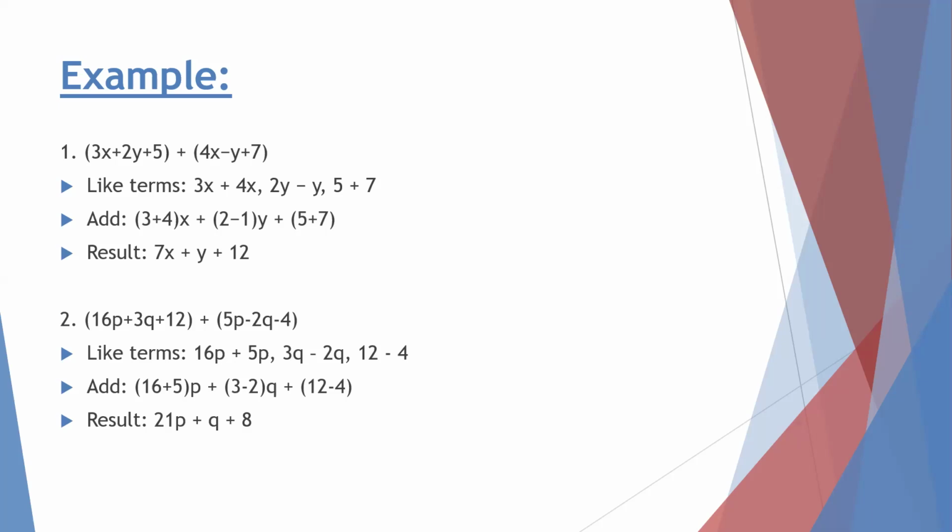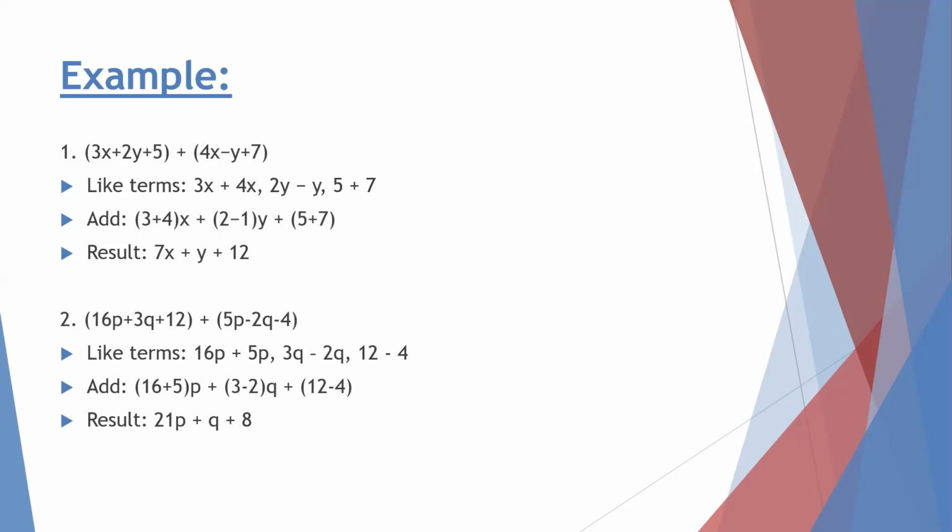Then comes 5 and positive 7. Correct. Then what? Add all the terms together. After adding, we bring the numbers together and write the variable outside the bracket. In the same way, 3 plus 4 will give 7x, plus 2 minus 1 is 1y, plus 12.